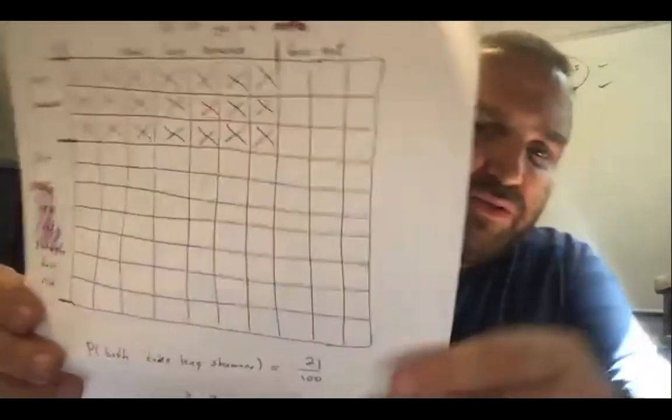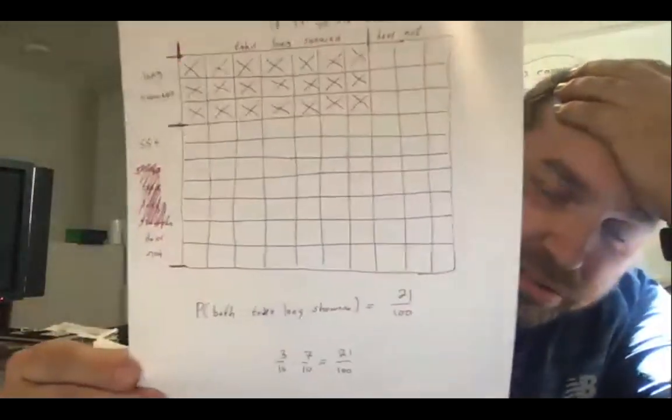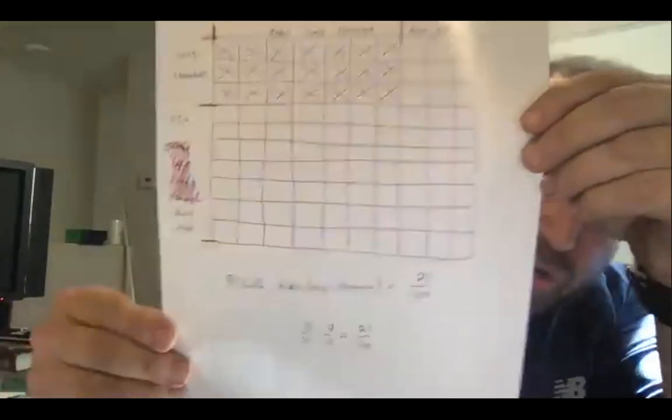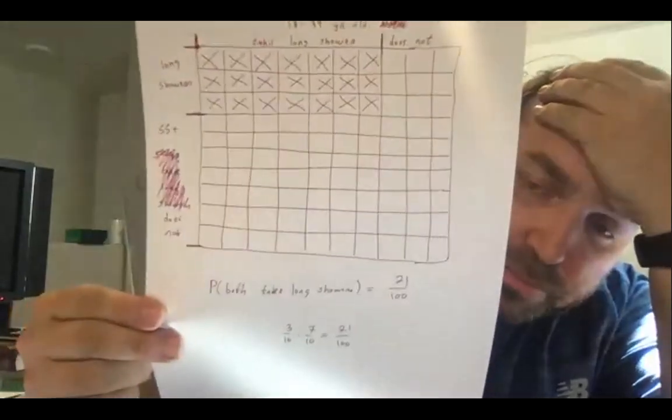I was able to get a similar result mathematically by using the multiplication rule. If you look at the box, there are 10 rows and 10 columns. That's 100 boxes. Of those 100 boxes, 21 of them are shaded. So that's why it's 21 over 100.